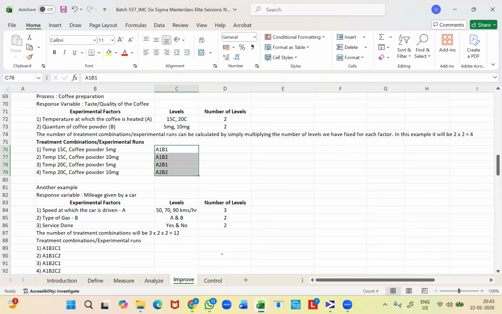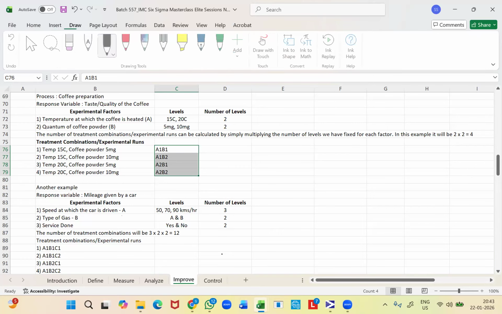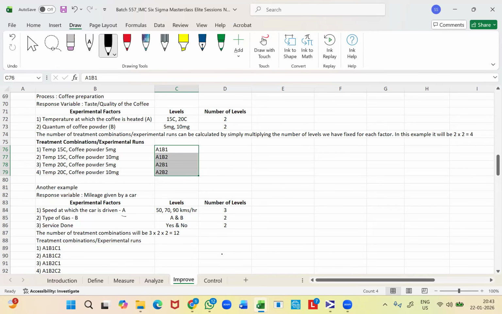So since factor A, that is the speed at which the car is driven, we have fixed 3 levels for it. So I will have A1, A2, A3 written like this, right? And then factor B, that is type of gas, we have only 2 levels. So I will branch B1 and B2 from A1. Similarly, B1 and B2 from A2 and B1 and B2 from A3, right?